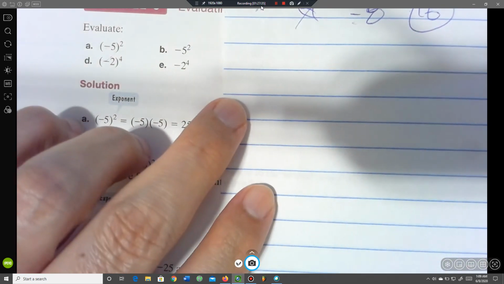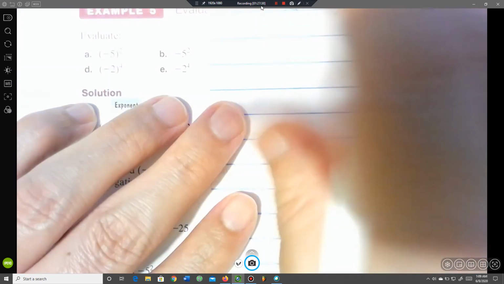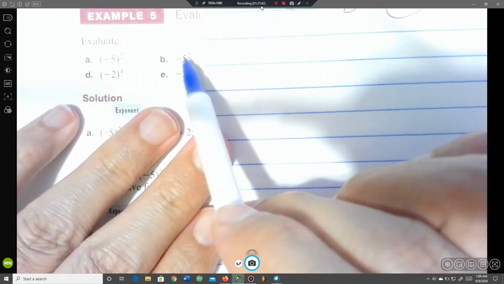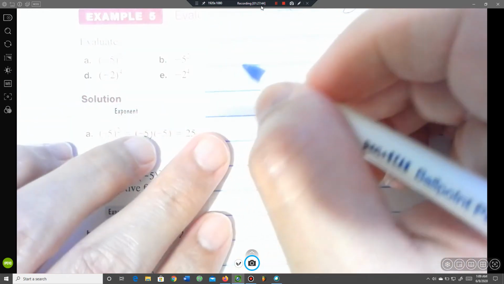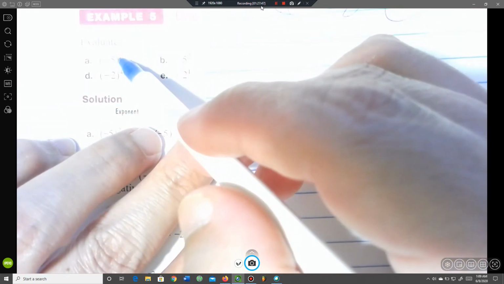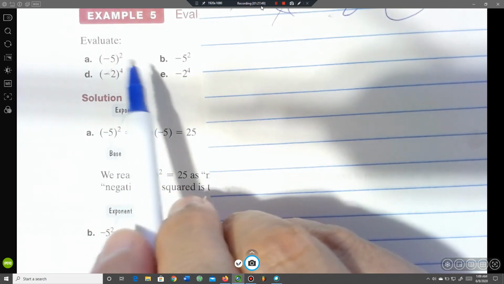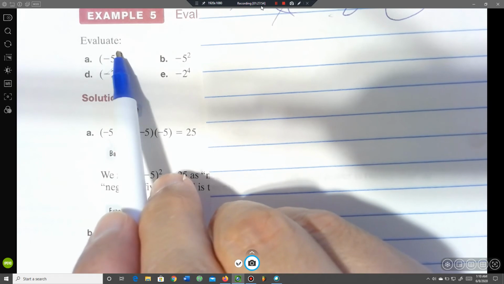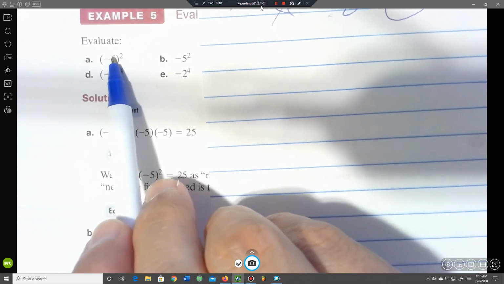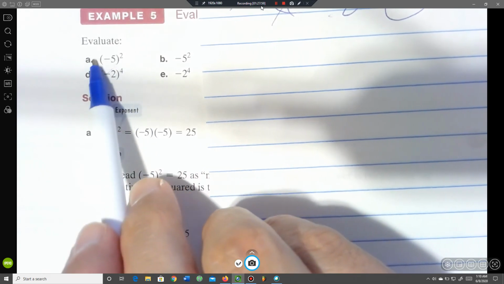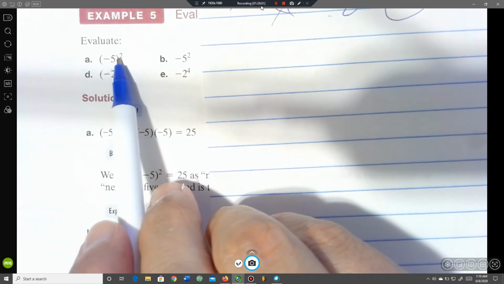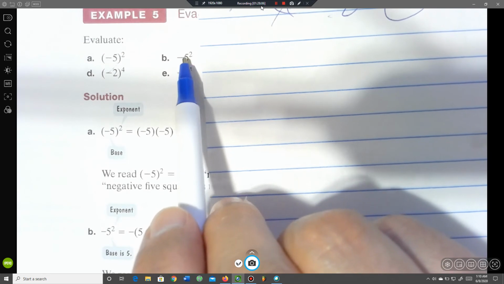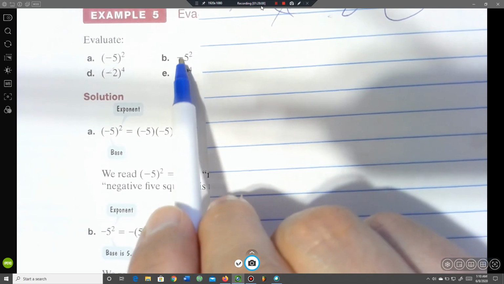Let me take you back here, because the difference between these two is huge. Here the 2 is only affecting the negative 5 because of that parenthesis. Here the power 2 is only affecting that 5 because it doesn't have a parenthesis.